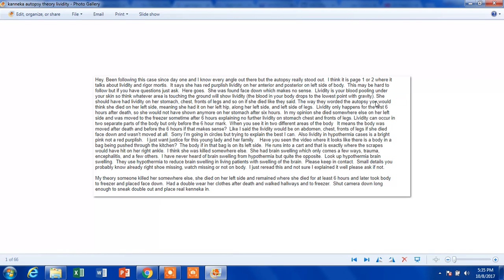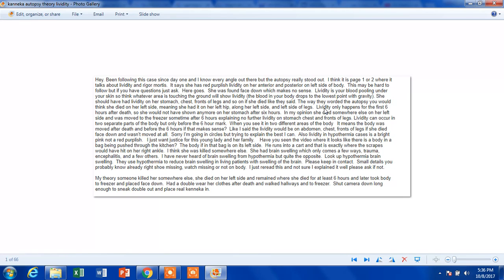Lividity is your blood pooling under your skin, so whatever area is touching the ground, that's what's going to show lividity. The blood in your body drops to the lowest point with gravity. She would have had lividity on her stomach, chest, fronts of legs, and so on if she died like they said. Think about it, people, okay?